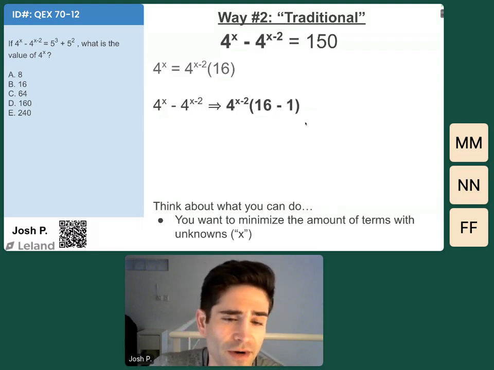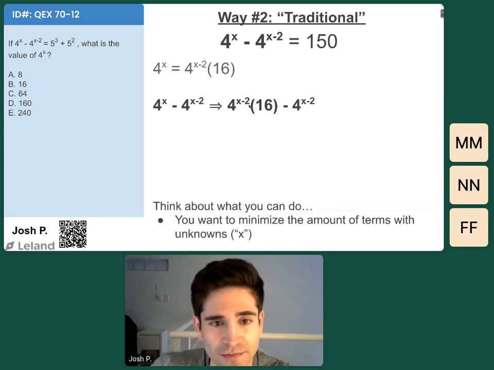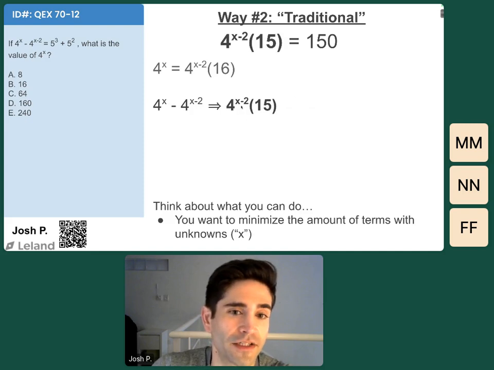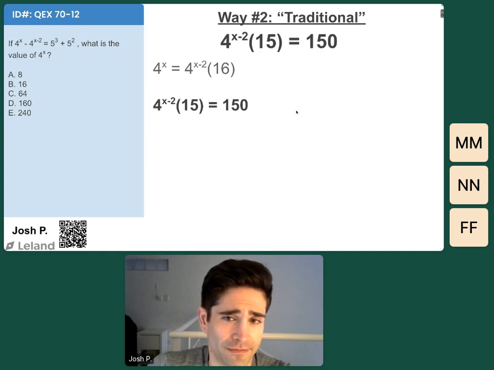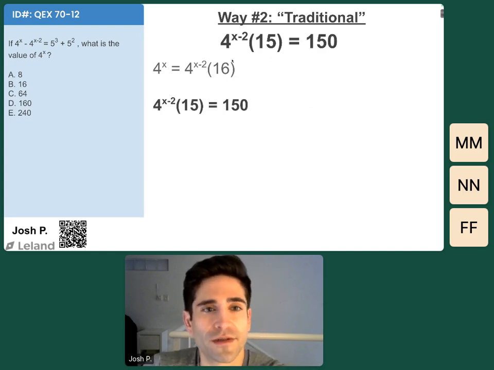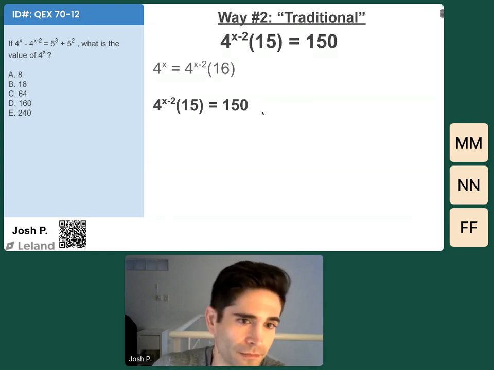We can factor out the 4^(x-2). So we have 4^(x-2) times 16 minus 1, which gives us 4^(x-2) times 15. Now, when we look at this operation, 4^(x-2) times 15 equals 150.